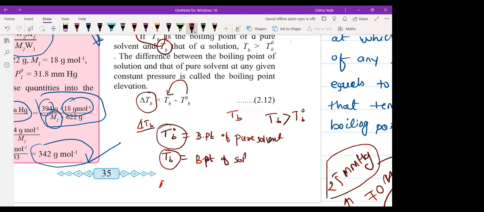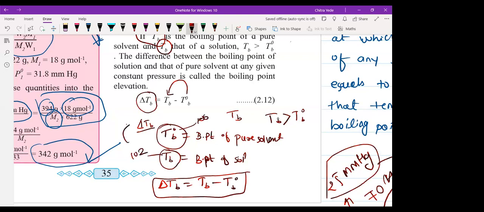So we can calculate delta TB, which is TB minus T0. Suppose we have taken 100 degrees and 102 degrees. So delta TB will be 102 minus 100, which is 2 degrees, right? Like this. Okay, everyone.